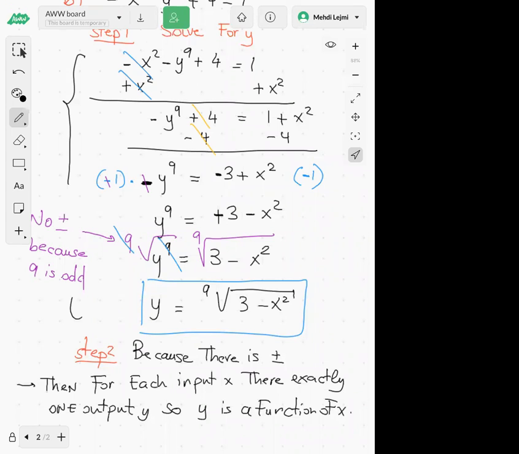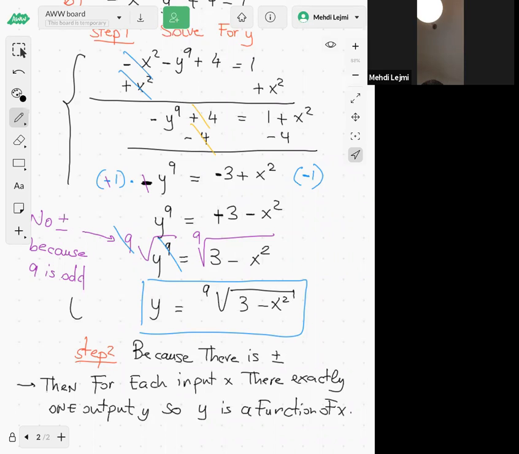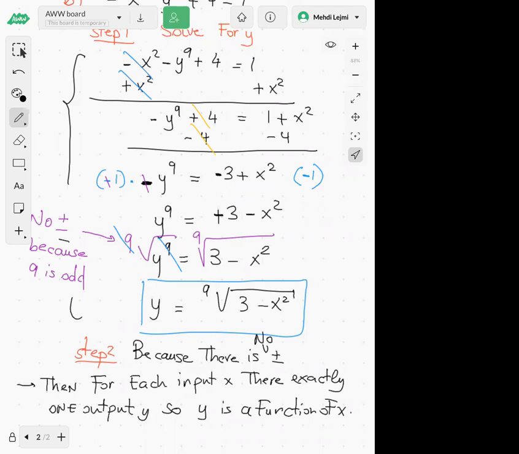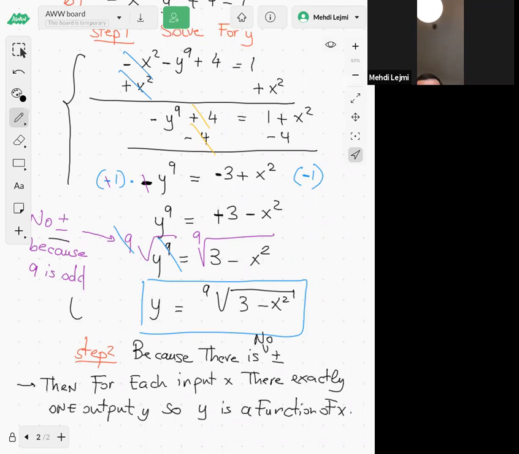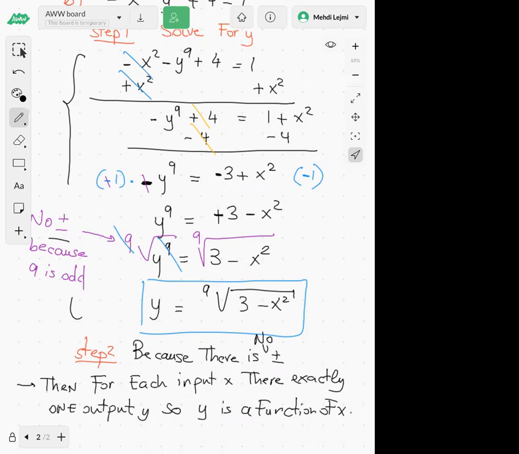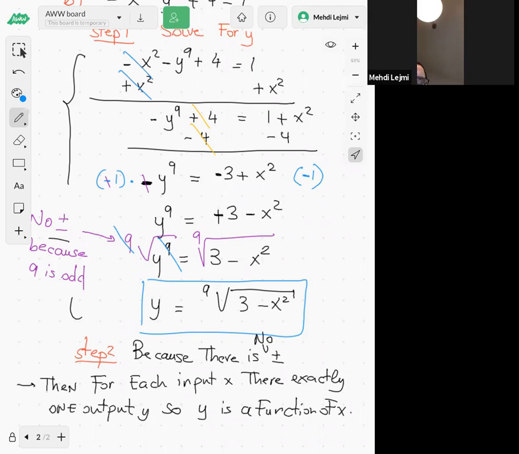Wait, Professor, you said there is a plus or minus? No, there is no. Of course, there's no. Also, when you multiply by -1 on both sides, did you factor a negative from 3 plus x squared? No, I didn't factor.